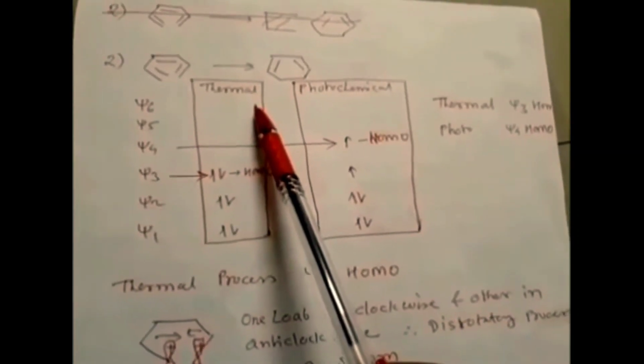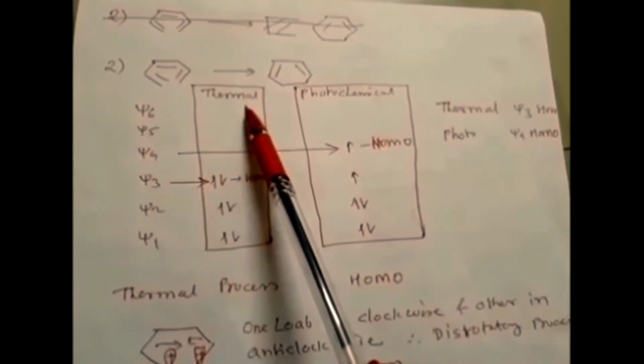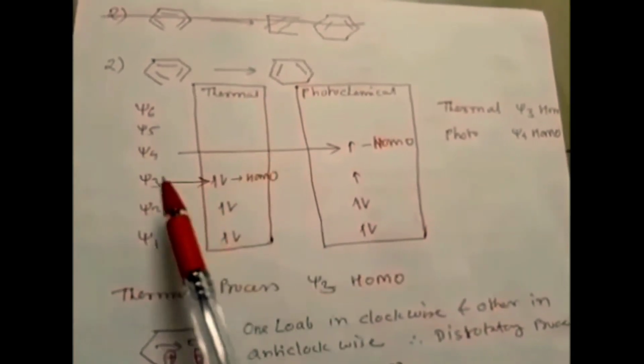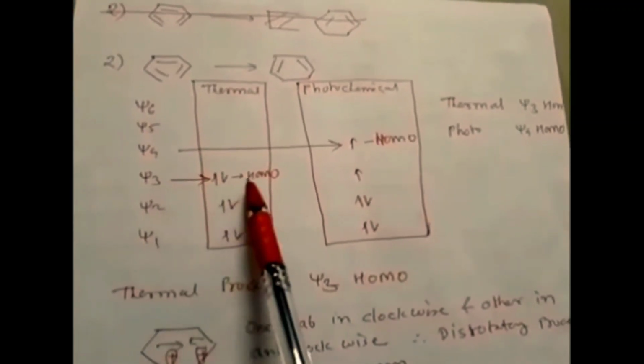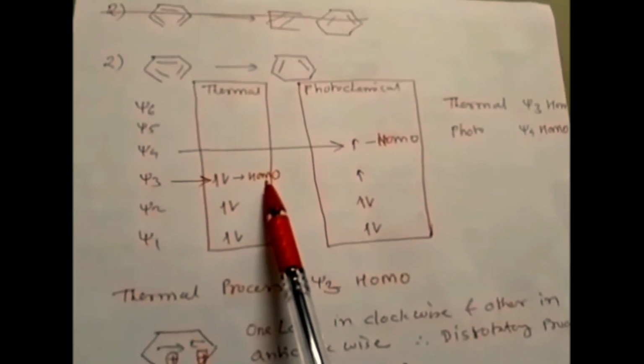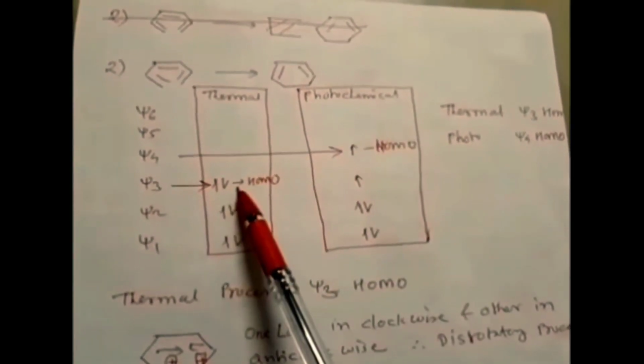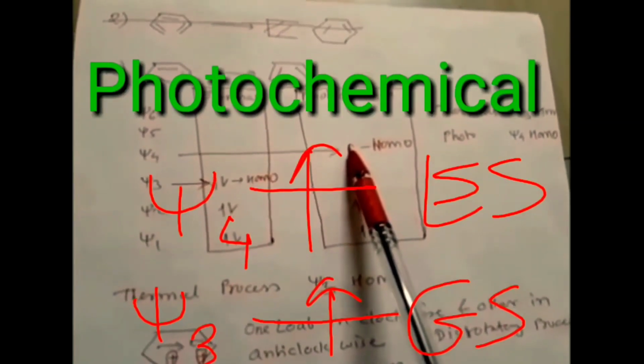So this is the situation if the process is a thermal process. Now here, if you observe, Psi3 is the highest occupied molecular orbital. Whereas if I consider a photochemical reaction, then out of these 2 electrons, 1 electron is to be shifted into the Psi4 orbital.